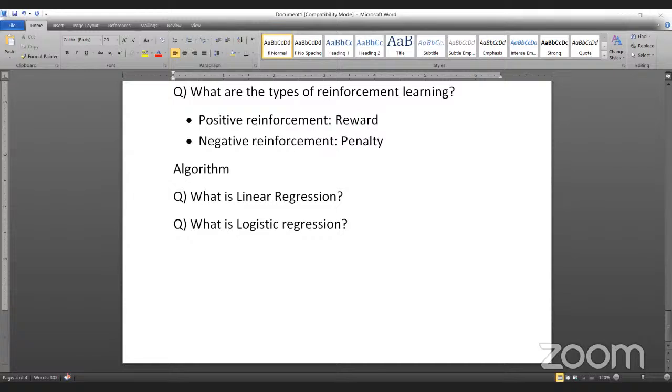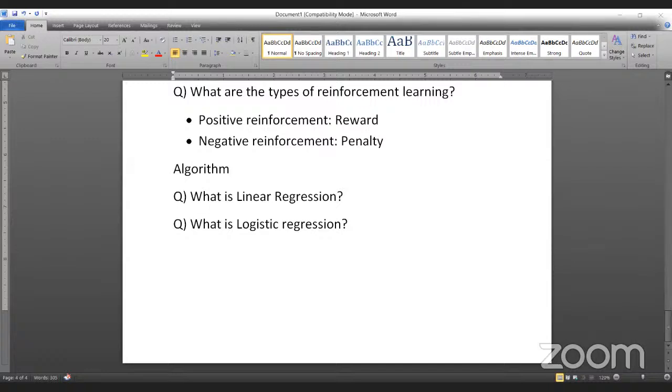It is a supervised learning algorithm in which the dependent variable or the output variable is binary.